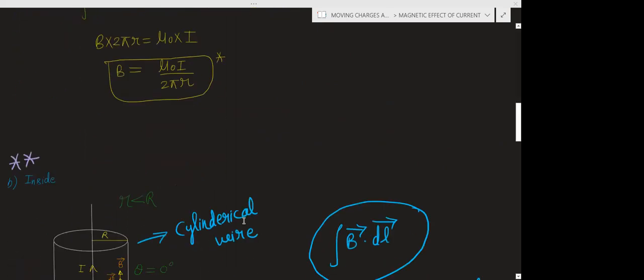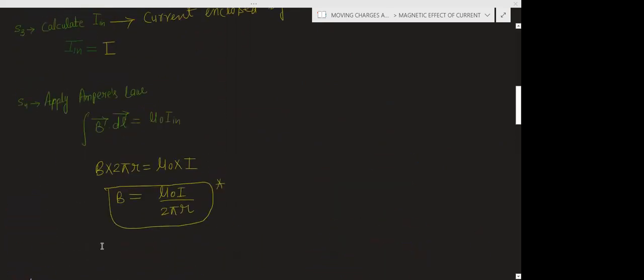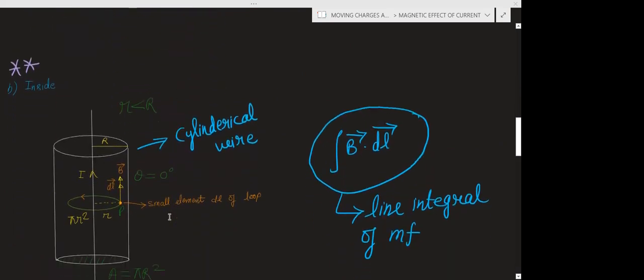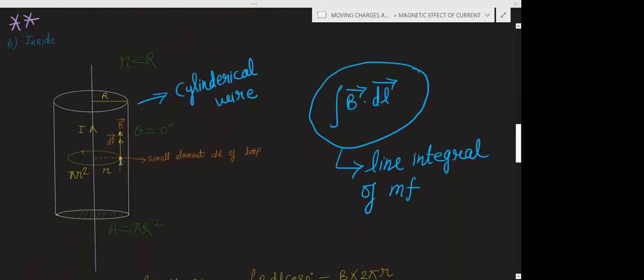Done, sir. Now this is the magnetic field calculation inside the wire. This is a point where you are calculating the magnetic field. Scroll down.